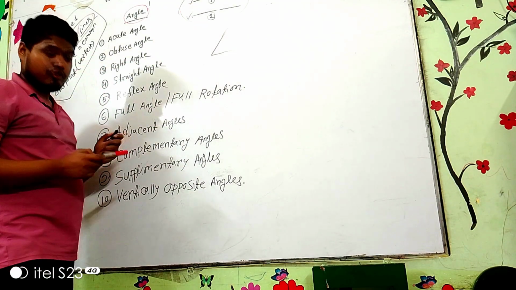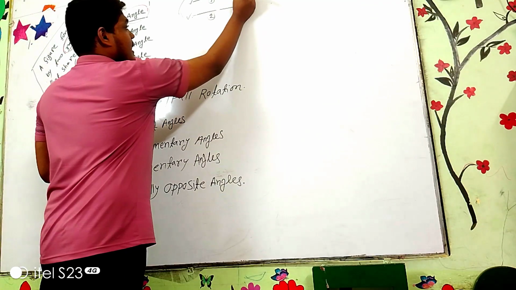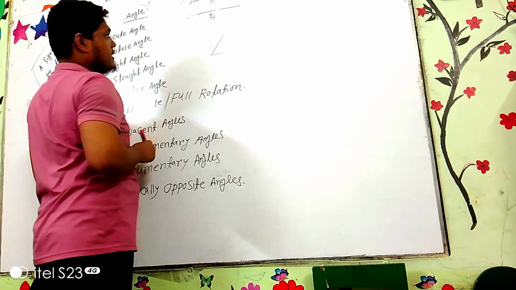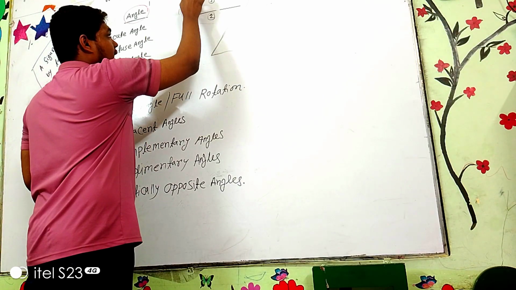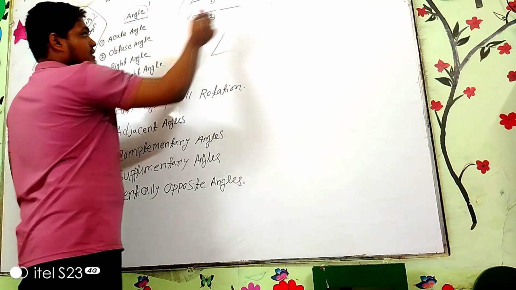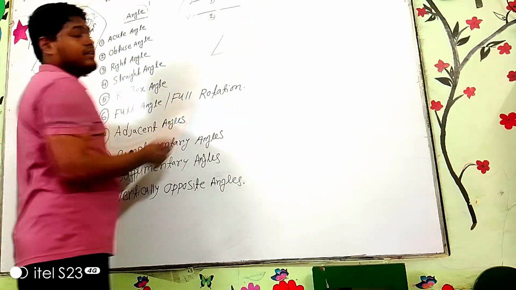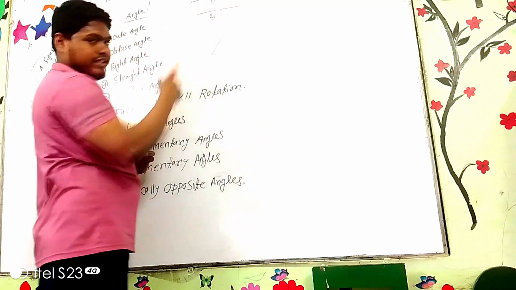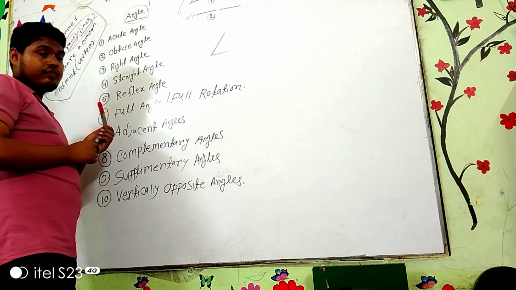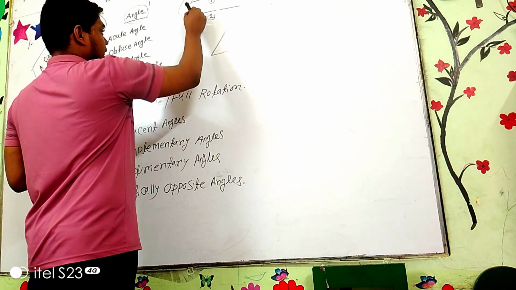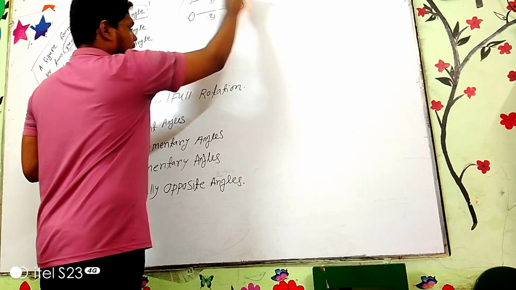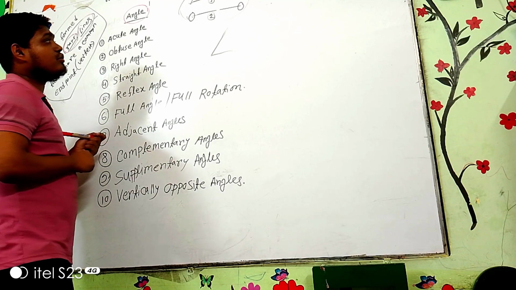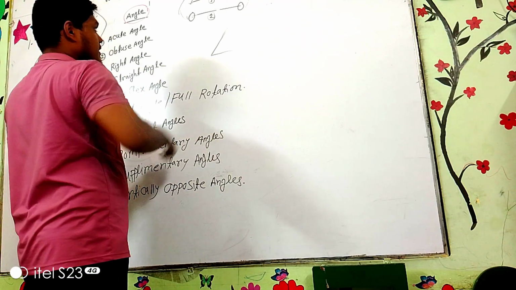Ray has an end point. It has only one end point, but the opposite part is infinity. On the other hand, lines have no end point.